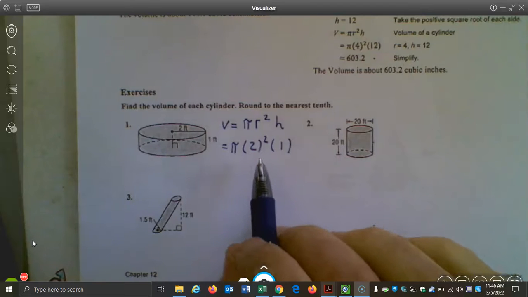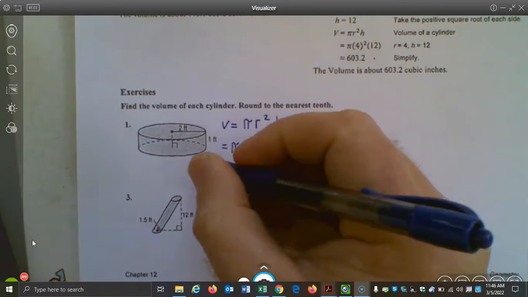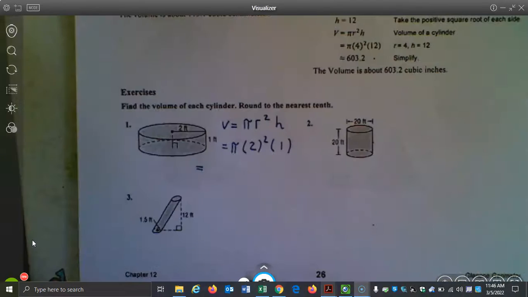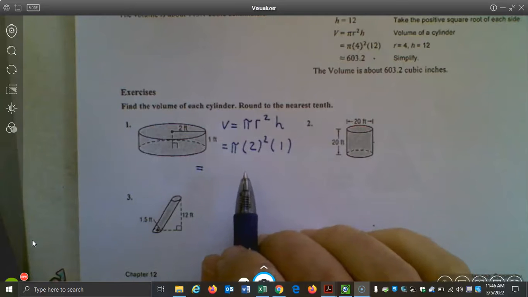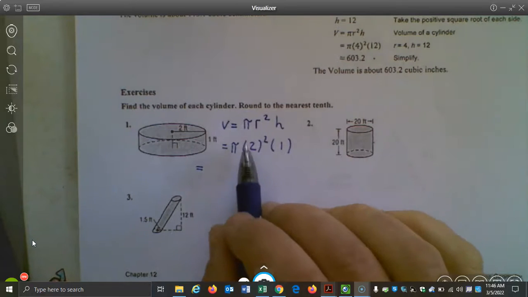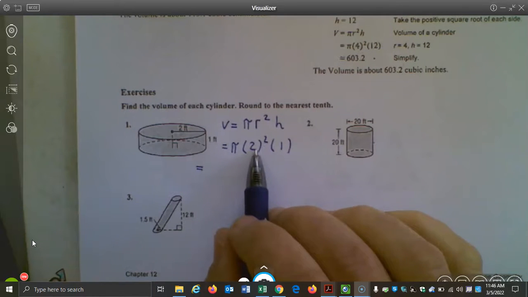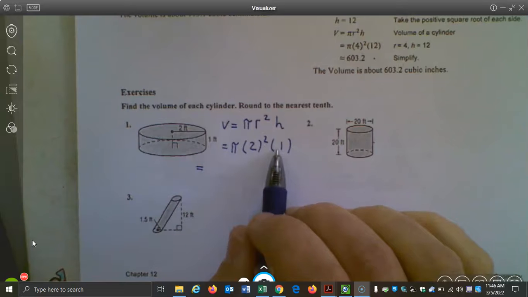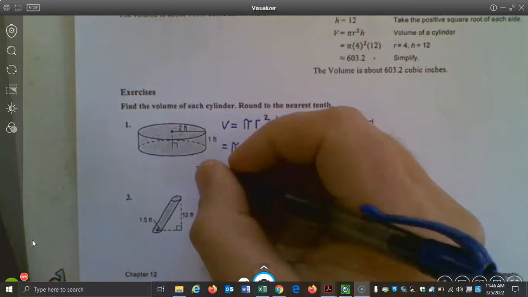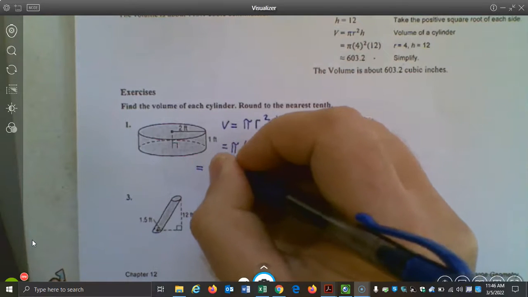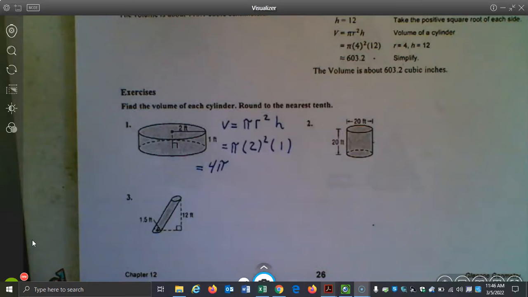Now with this, do keep in mind, there's two different ways to write this answer. One of them is what we would say as in terms of pi. So if I clean up these numbers, I'm looking at 2 squared, which is 4, times 1, which is still 4. And if I just leave pi as pi and write my answer this way, that is what we call an answer in terms of pi.